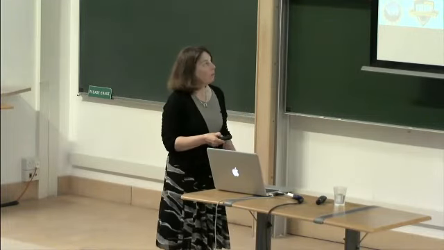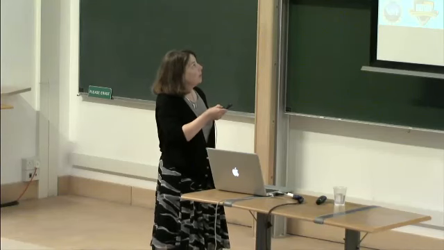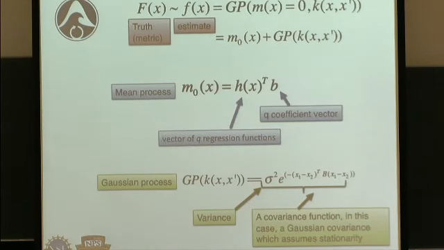I wanted to go through this decomposition of the emulator process for people who aren't familiar with it. So you have f of x, the outcome from your climate model or whatever model you're looking at, approximated by this emulator, small f of x.